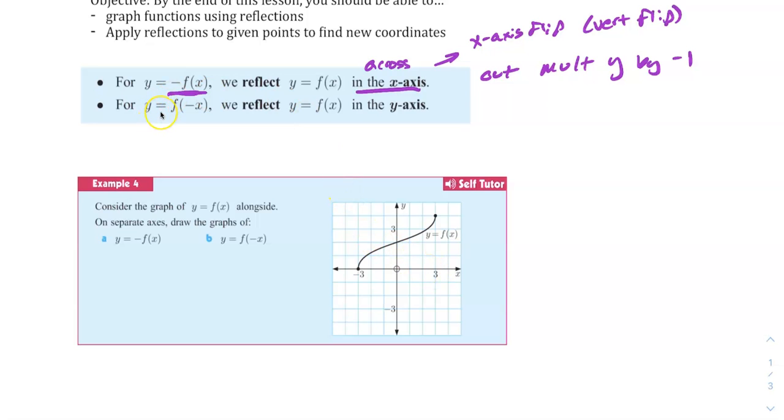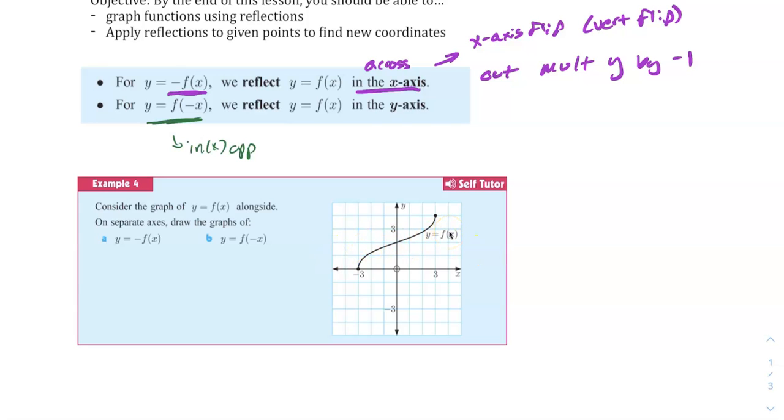Look at the inside one. When it's negative on the inside, that affects the x values. Inside, x opposite. So remember, we do the opposite operation, so we multiply our x values by 1 over negative 1, or divide our x values by negative 1. When that happens, it flips all your x values, so it flips horizontally.